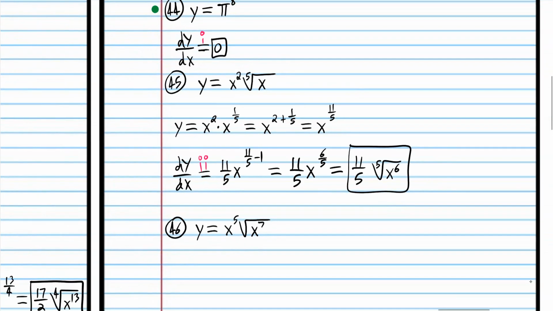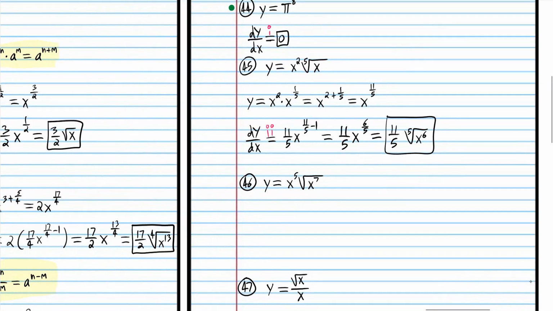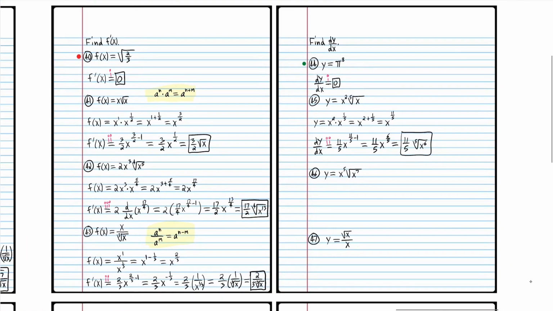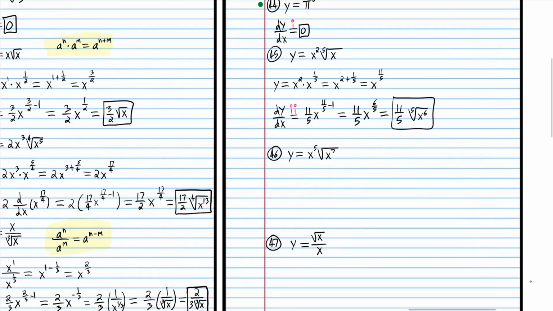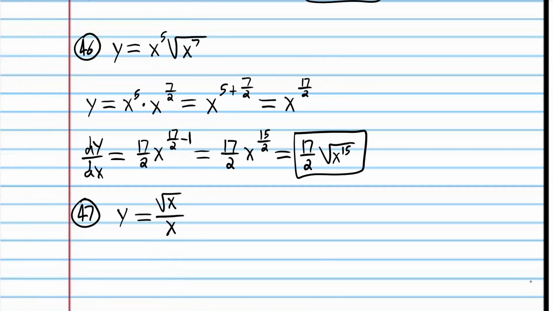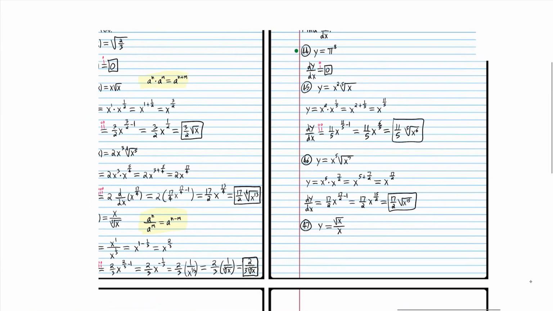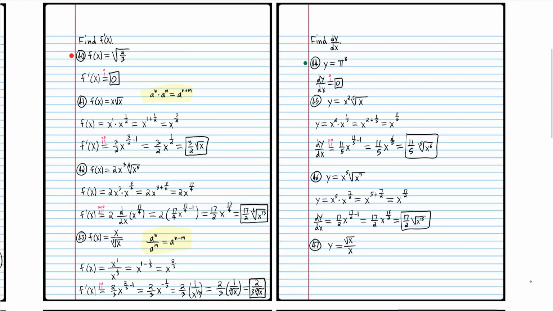And there you go. So if you got that right, excellent. Go ahead and try number 46. When you come back, we'll do it together. Okay, we're back. So that is the derivative. So if you got that answer, excellent. So go ahead and try number 47. When you come back, we'll do it together.